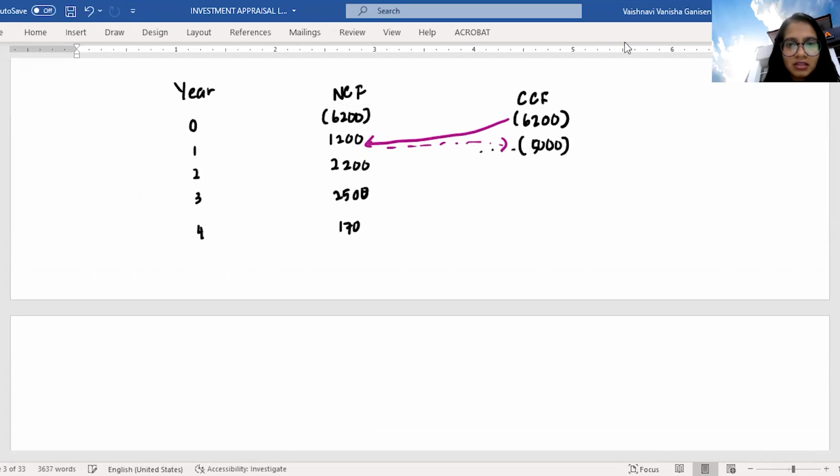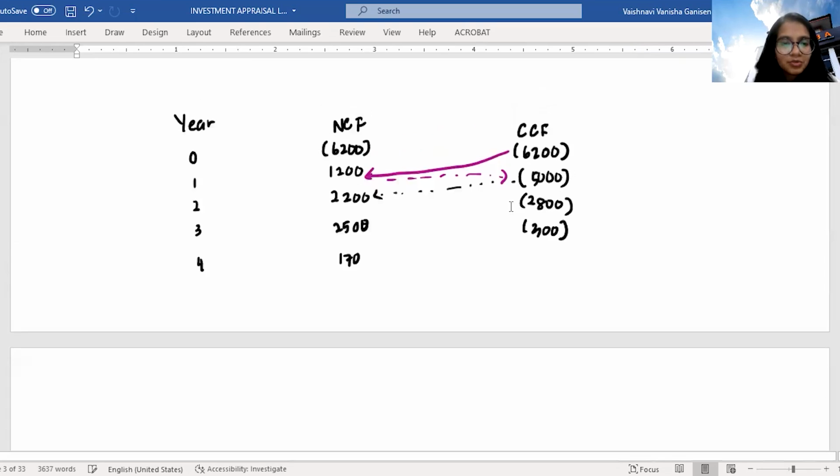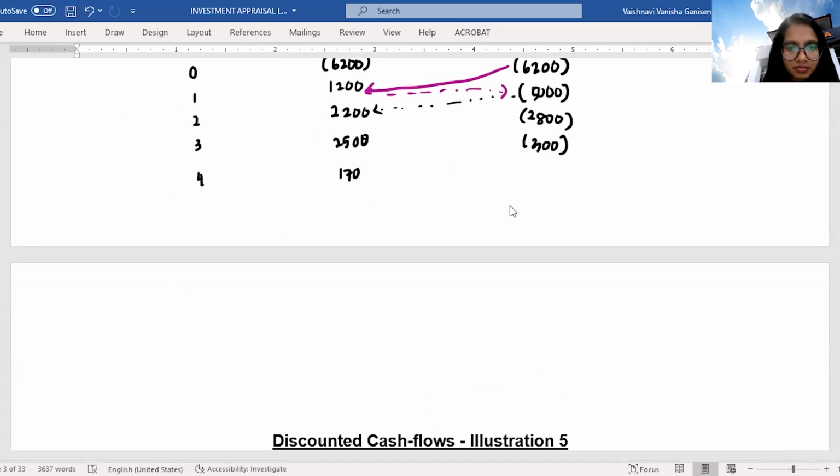Now the same thing, plus 2200, negative 2800. Plus 2500, this is negative 300. Plus 1700, you get 1400. So the payback period is somewhere between year 3 and year 4, correct?